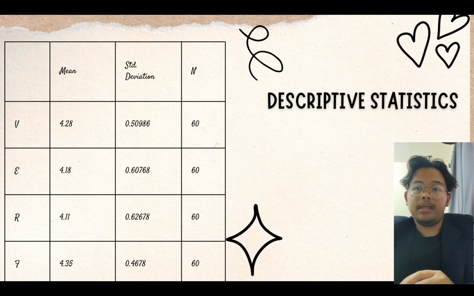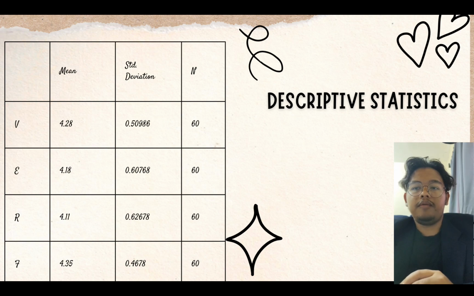The descriptive statistics show the mean score for the 4 variables. For the IV, the highest score was recorded at around 4.28, with a standard deviation of 0.509, followed by F, the IV, with 4.35 and a standard deviation of 0.4678.